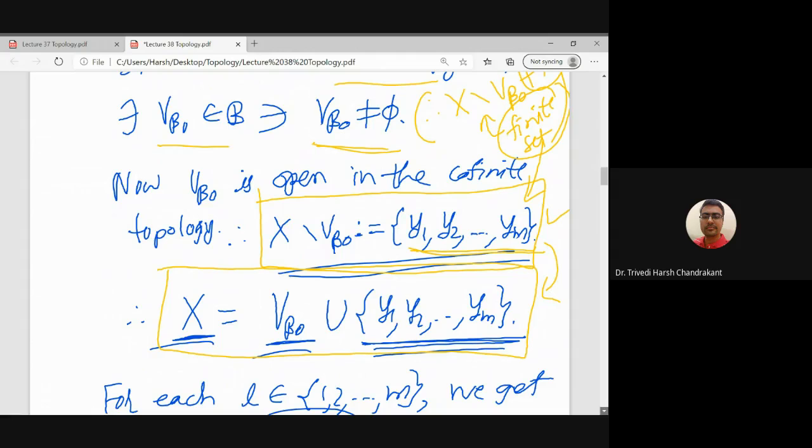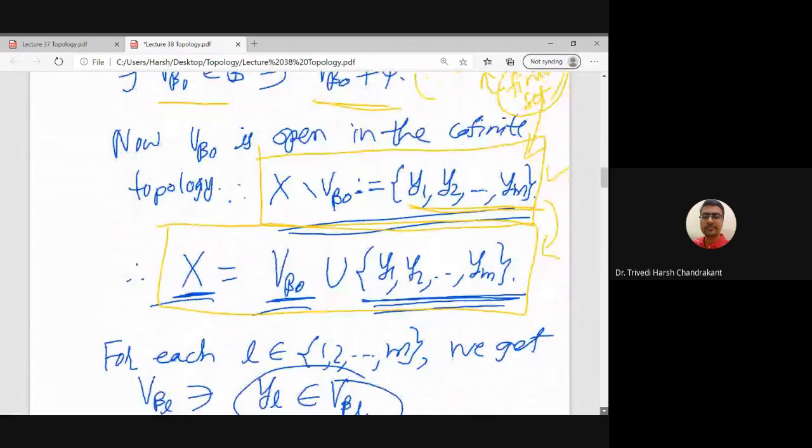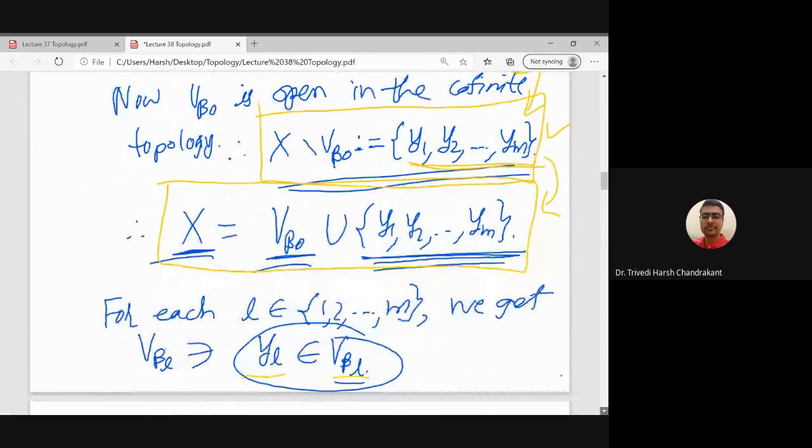So for y1 we will choose V beta 1, for y2 we will choose V beta 2, and for ym we will choose V beta m. That way we get finitely many open sets V beta 1, V beta 2, V beta m, which cover this set, and along with another open set it will cover the entire space X.